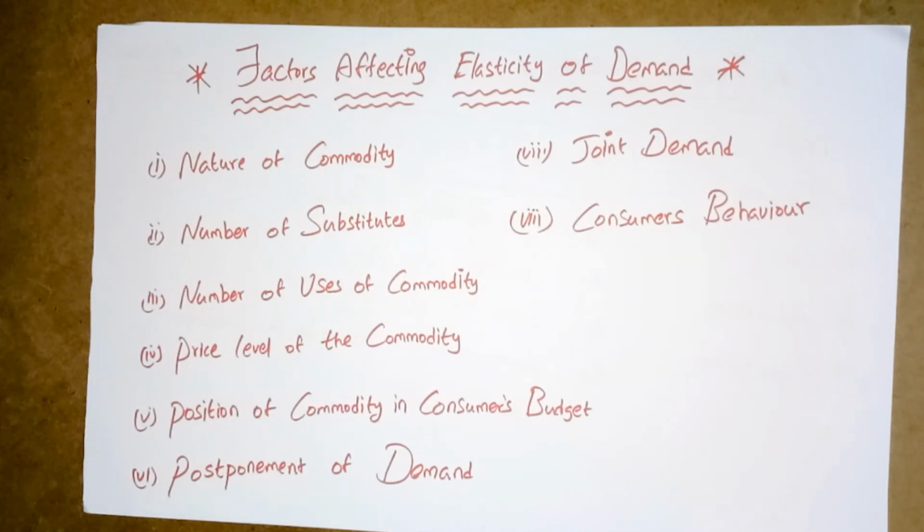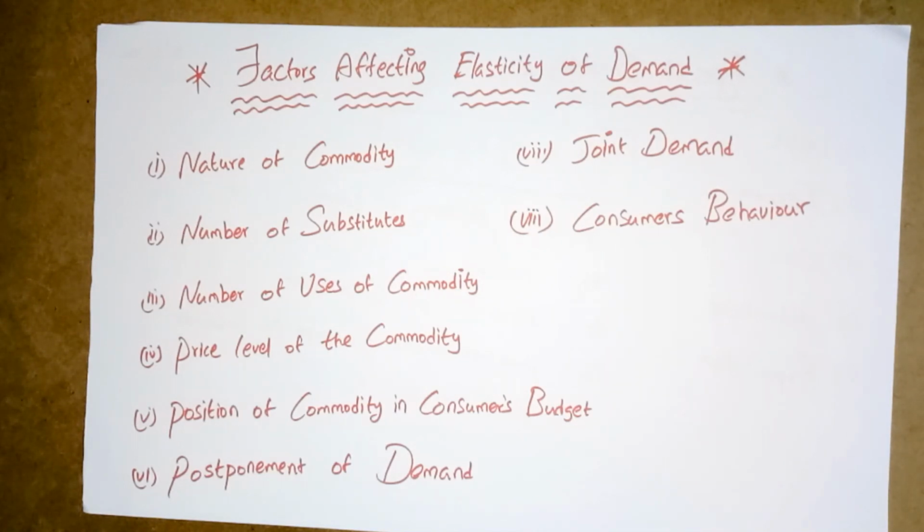If purchased very frequently, it is highly elastic. You should use these type of words. If it is purchased very frequently, it comes under highly elastic. If it is rarely purchased, it means inelastic demand.